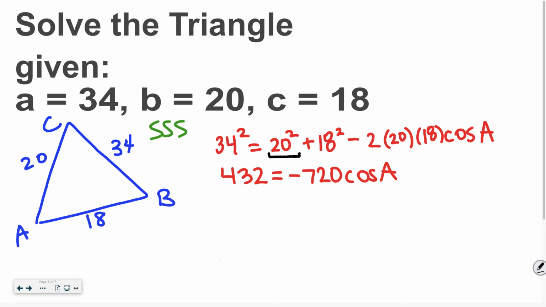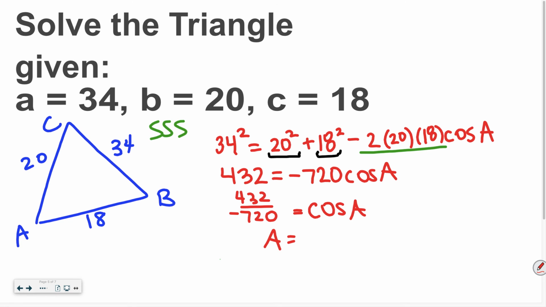We subtracted these numbers, but these that I'm highlighting in green are attached to cosine A by multiplication. So instead, we're going to need to divide those over. So the cosine of A equals 432 over negative 720. So in order to figure out what angle A is inside of cosine, what are you typing in your calculator? Inverse cosine of 432 over negative 720.